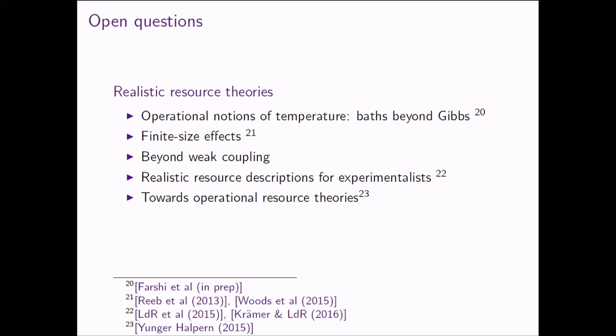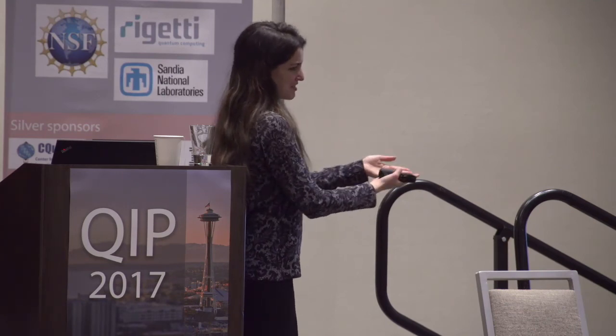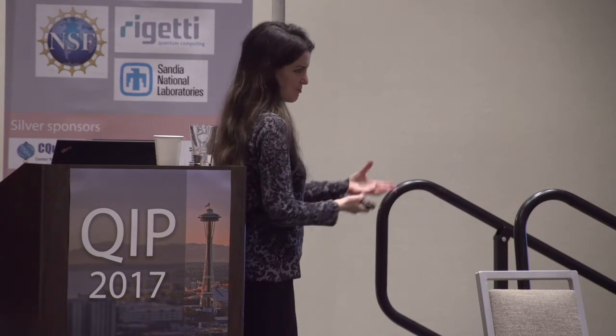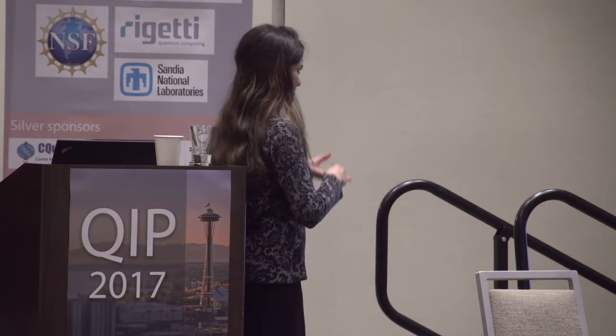Because otherwise, we see lots of experiments in quantum thermodynamics, and some of them seem a bit contrived. We're measuring work in this way, and why in this way? Because it fits your theoretical model. Yes, but it's not like a work that you could later use for something else. It's not very operational or meaningful in that way. So we need to flip this the other way around.